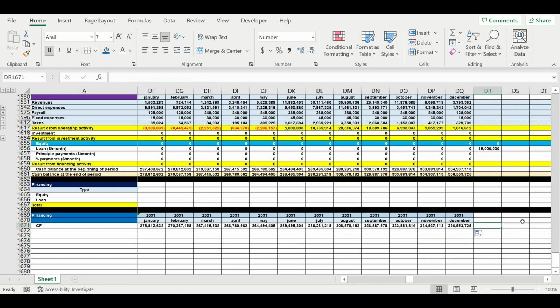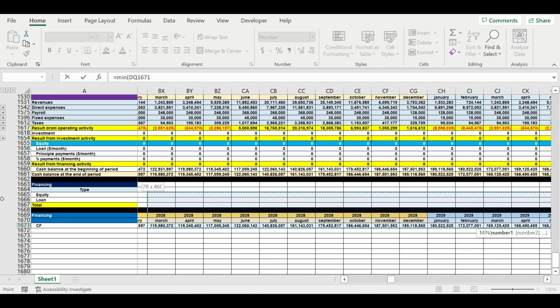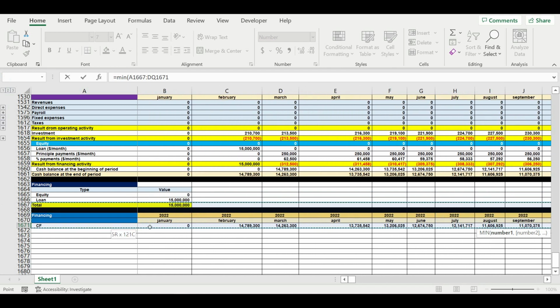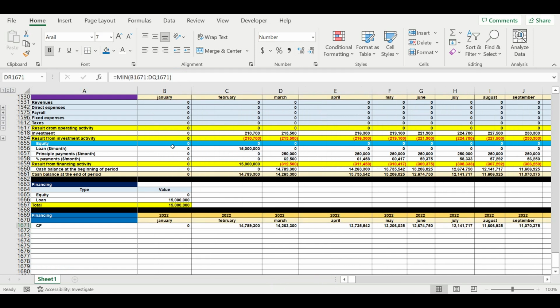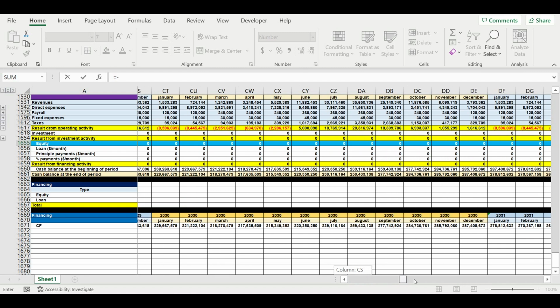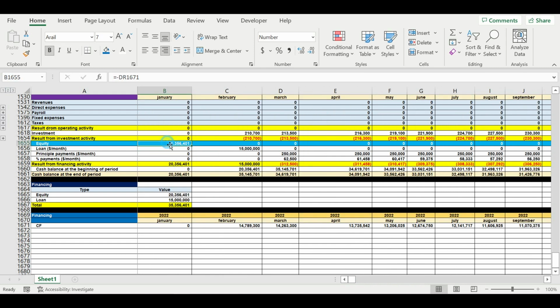Then I will type the formula. I will be searching for the minimum value inside this timeline. So this is the minimum value. Then I will take this minimum value with the opposite sign and put it here. Now we can see the magic.